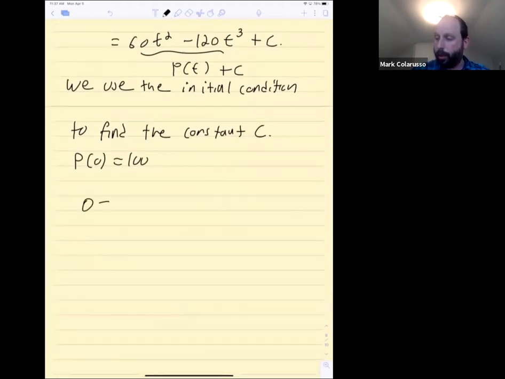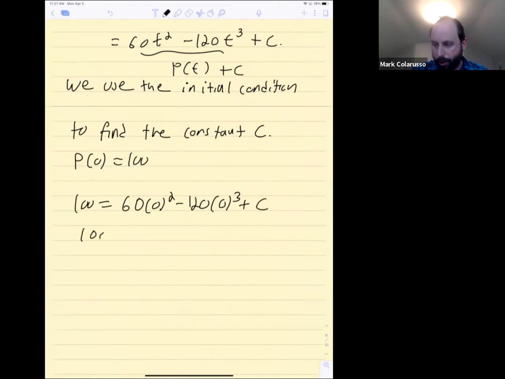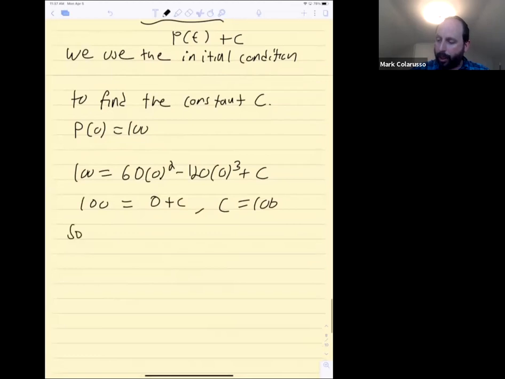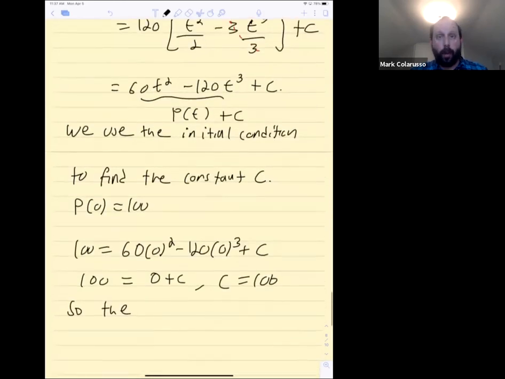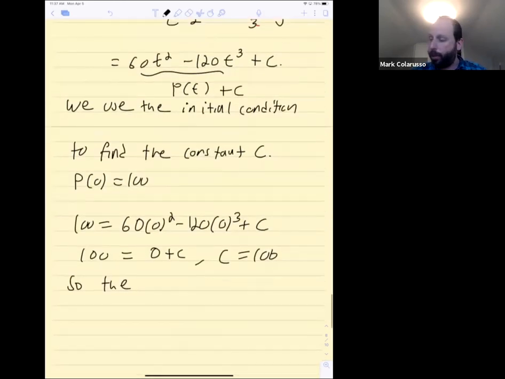You get 60 times 0 squared minus 120 times 0 cubed. Oh, sorry, 100 equals that plus c. So 100 equals 0 plus c. So c is 100. So the particular antiderivative we're looking for is 60t squared minus 120t cubed plus 100.